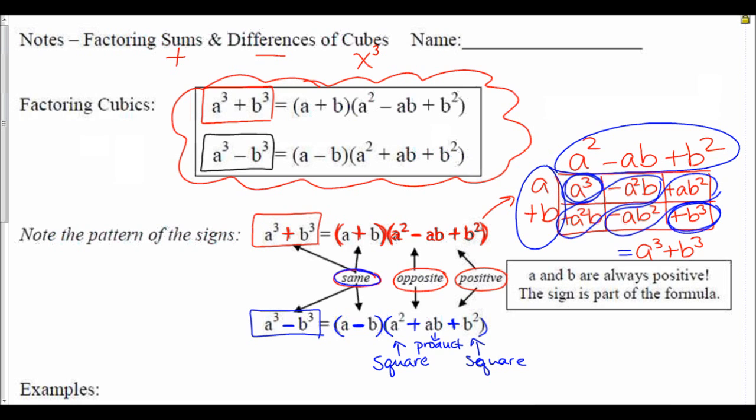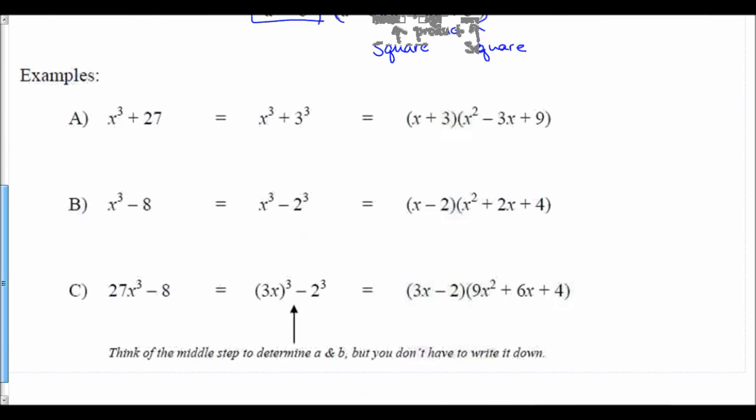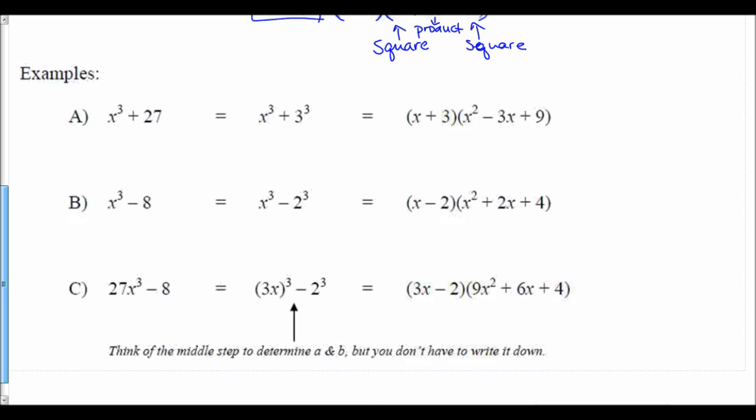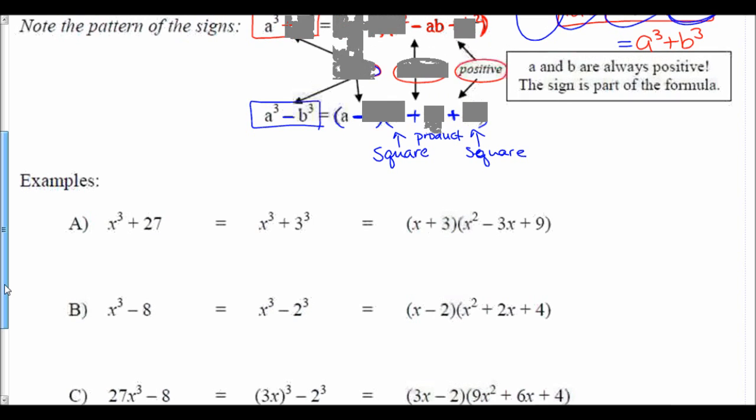Okay, so this is our general pattern, but let's see if we can go through and do some example problems of how we're going to use this to do our factoring. Let me leave that up in the picture. Okay, so starting out, I have x cubed plus 27. I have to be sure that both the first term and the second term are perfect cubes.